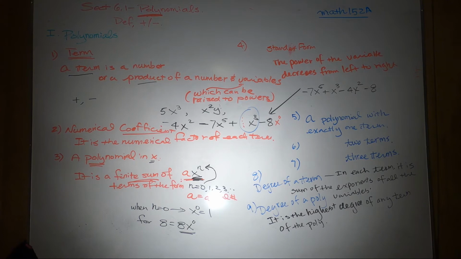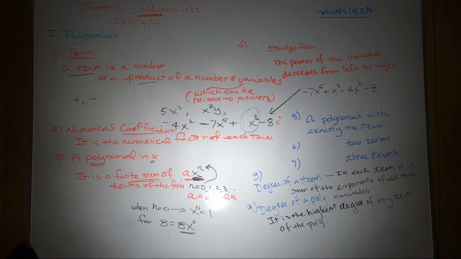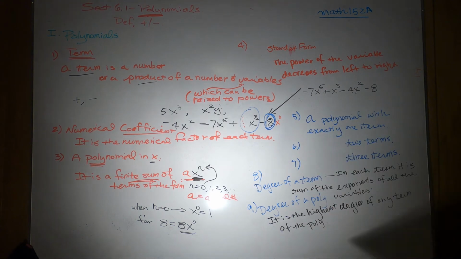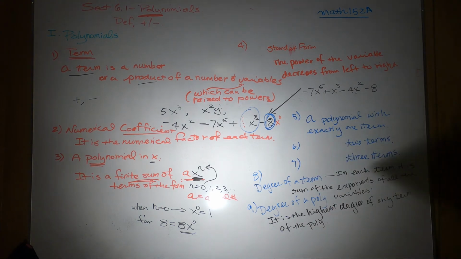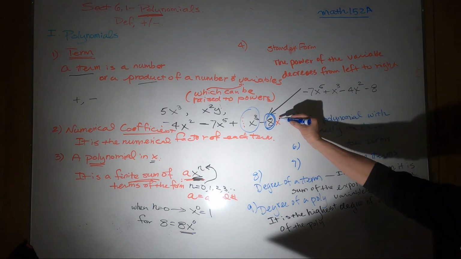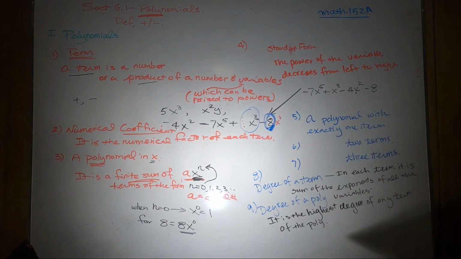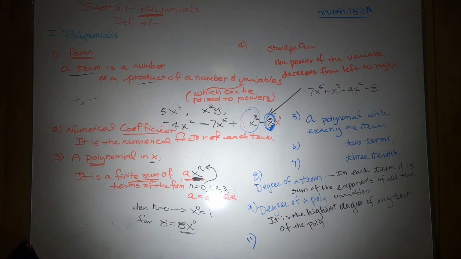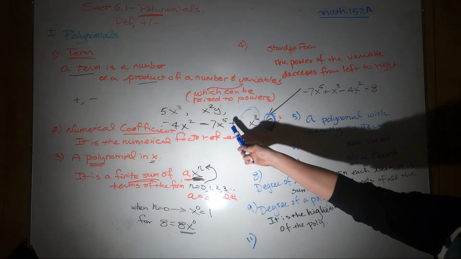Okay? We also talk about the constant term. What is a constant term? It is the term that is only a number. The degree is 0, so the number part of it, we'll call a constant. Also, we talk about leading coefficient. So what is the leading coefficient? Like this one, who is leading?